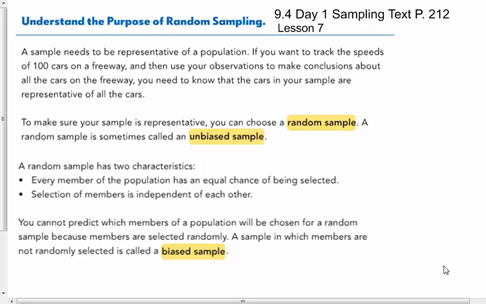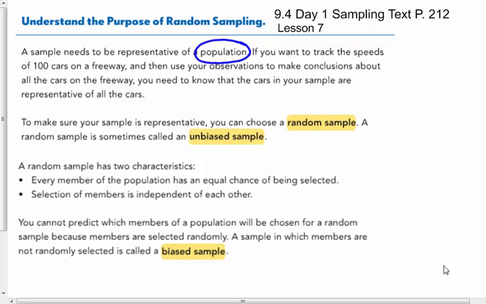A sample needs to be representative of a population. Well, a population is the group about which you want to study. The people, or could be animals, whatever it is that you want to gather information about. It could be cookies, could be your population. So the group that you want to study, that's the population.